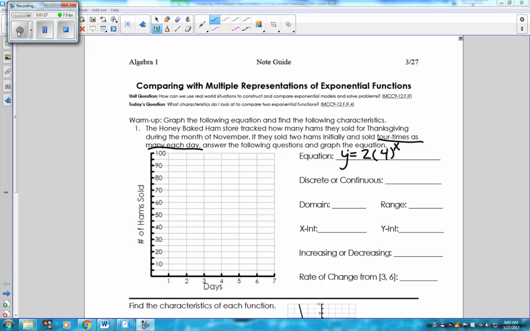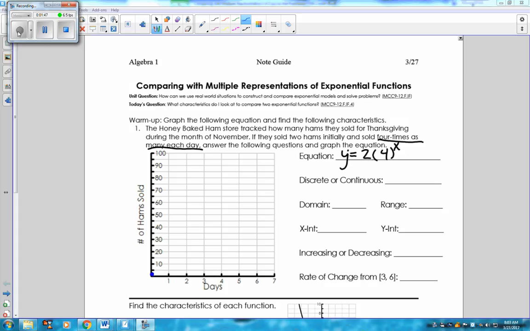From here, I can graph now. So after 0 days, how many hams did I sell? 2. So it's going to be about somewhere in there. And I want to change colors so it's easier to see over the black.